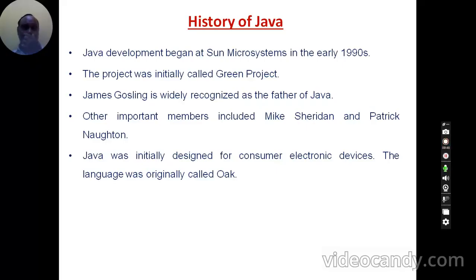The main aim of these people was to develop a programming language suitable for developing programs for any kind of electronic device, regardless of the hardware or microprocessors used. With that aim, the Green Project was initiated in the early 1990s, and within one year the Green Project team developed 50% of the programming language and demonstrated it to the management of Sun Microsystems.